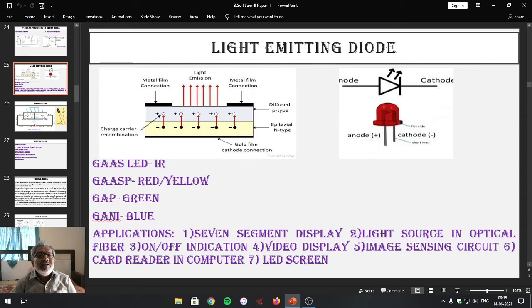Those are called direct bandgap semiconductors, whereas silicon and germanium are indirect bandgap semiconductors. In constructing the light emitting diode, direct bandgap semiconductors are used, namely gallium nitride, gallium phosphide, gallium arsenide phosphide, gallium arsenide, which are the alloys of the materials used especially to form the light emitting diode. So the material is different.